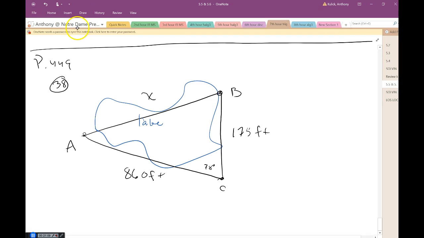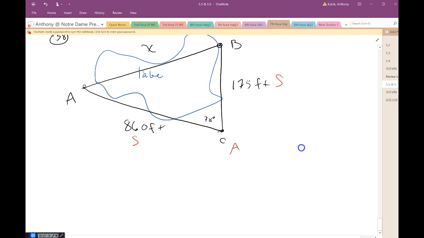If I look at my situation, this is a side angle side situation. So I should use which one? Law of cosines.